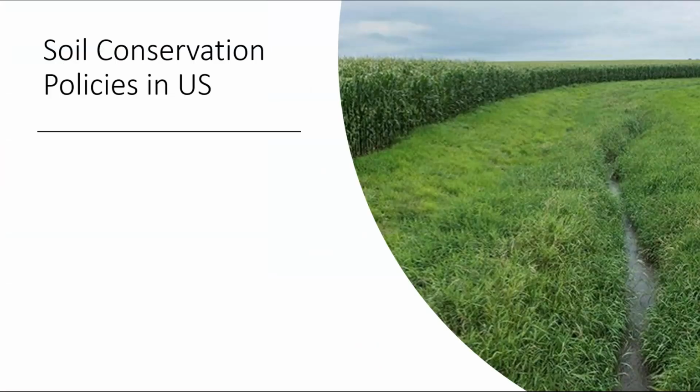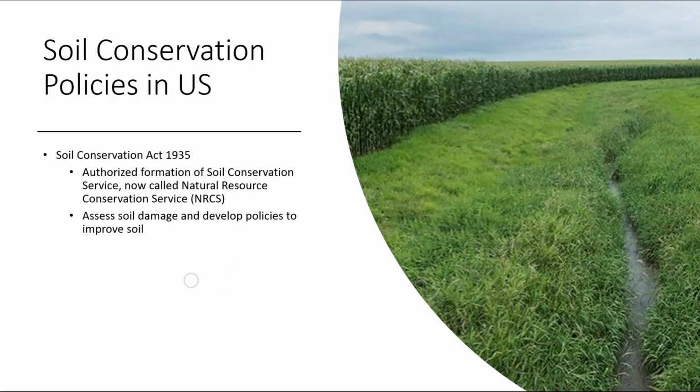All right. So we do have some soil conservation policies in the US. A lot of them are a result of what we learned back in the Great American Dust Bowl. In 1935, they authorized the formation of the Soil Conservation Service, and basically, they designed best practices for farmers to use to help prevent soil erosion.